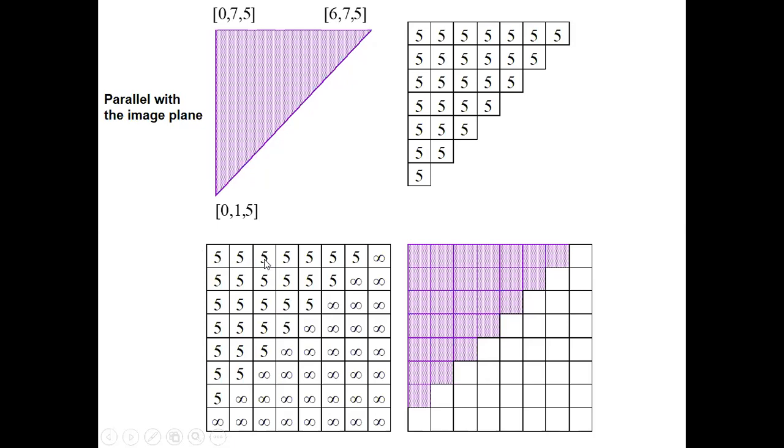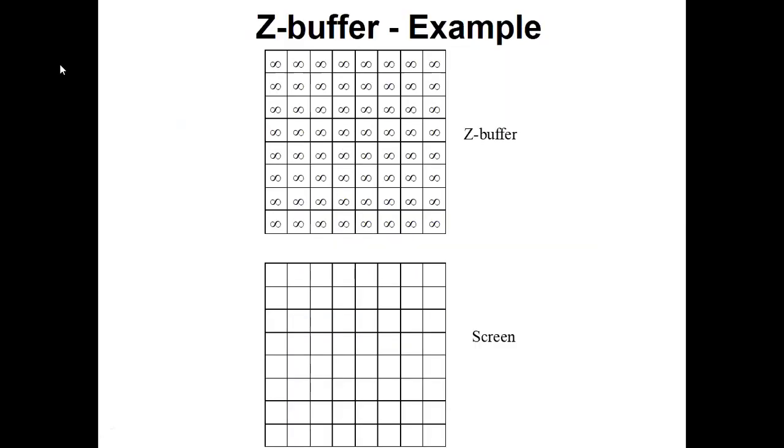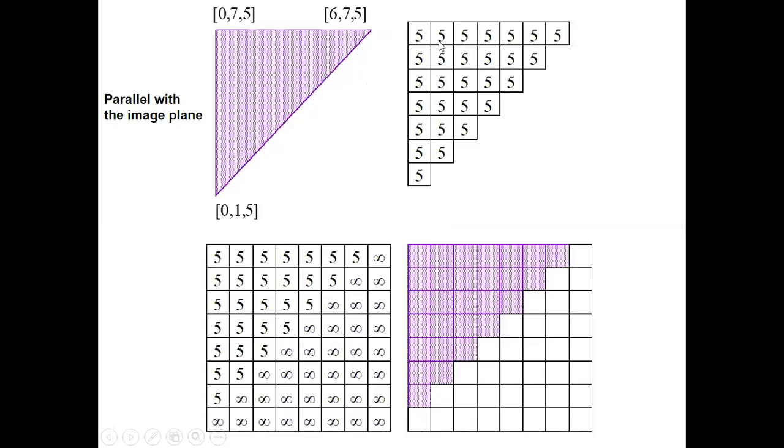The next pixel, x plus 1, was infinity. I can say first row, that is the top row, third column, is infinity. Now the top row, third column's depth is 5. So 5 is less than infinity.